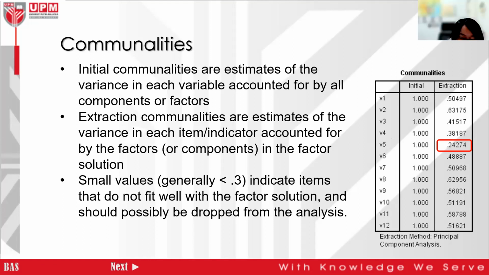V1, V2, V3 up to V12. We have 12 items. So the total of communalities is divided by n, the number of items, and then multiplied by 100. That will give you the total percentage.